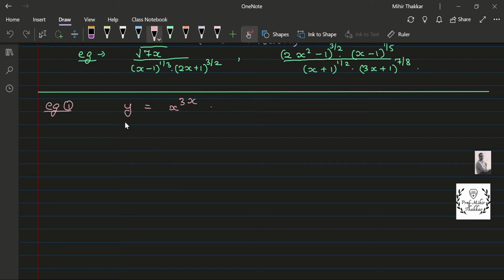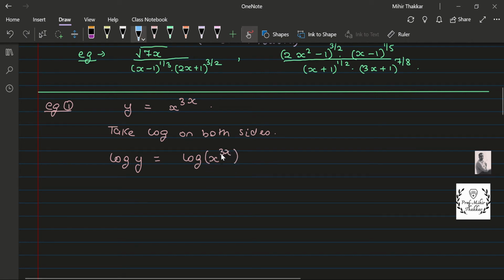So we will first say step number one, take log on both the sides. So I will get log of y is equal to log of x to the power 3x.